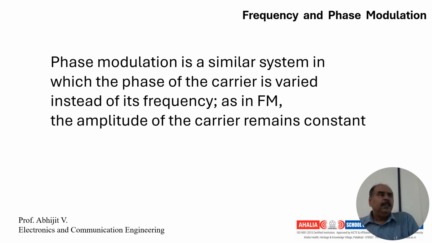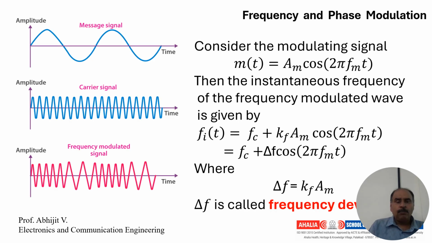These are the three important types of analog modulation that is used for communication. So let us understand it slightly better.